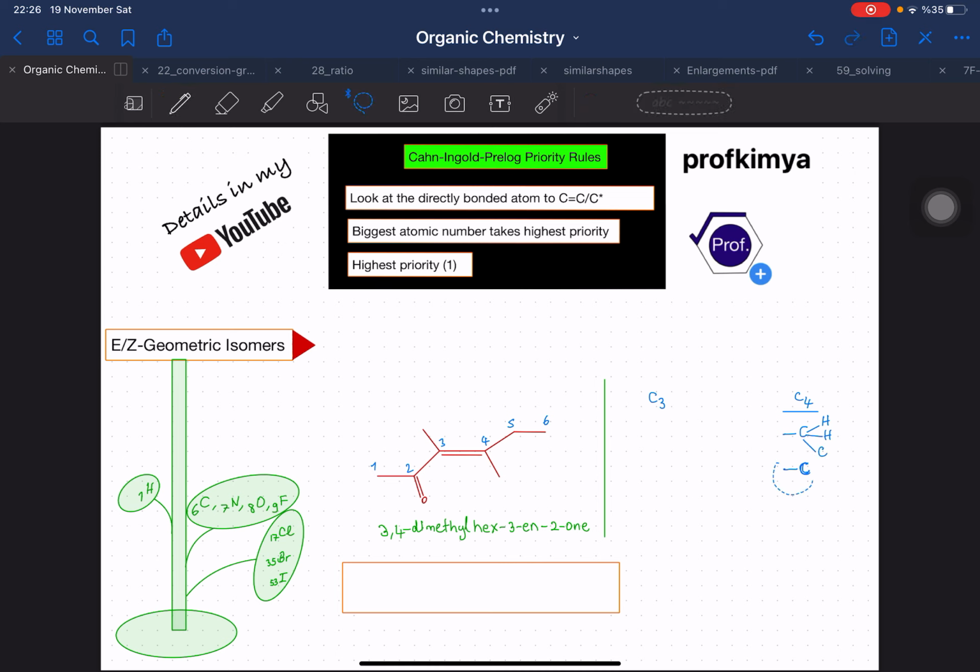Let's move this a little bit down. Methyl carbon has 3 hydrogen.